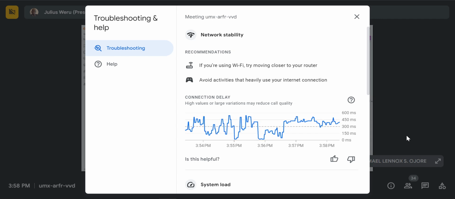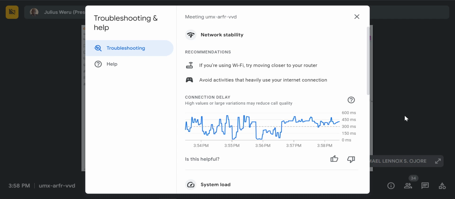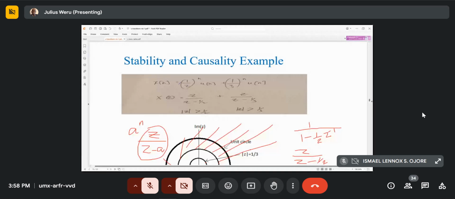Of course, X of z is linear, that's why you can do this: if x of n is this plus this, then X of z is this plus this.